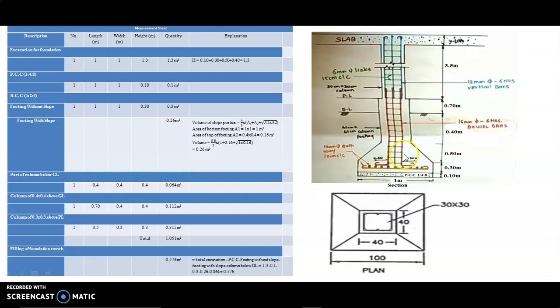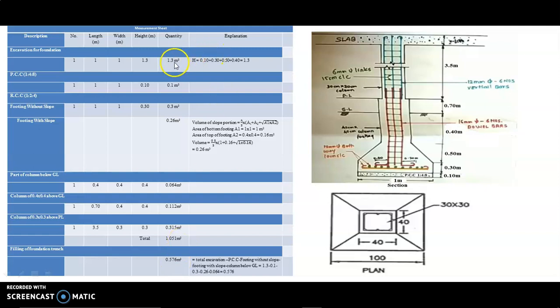Means for calculating the filling of foundation trench, we subtract these values from the total excavation, and we get 0.576 meter cube as the answer.